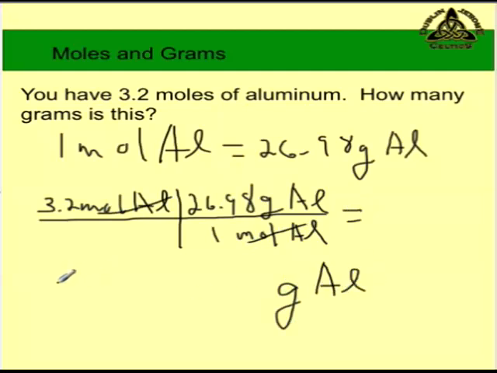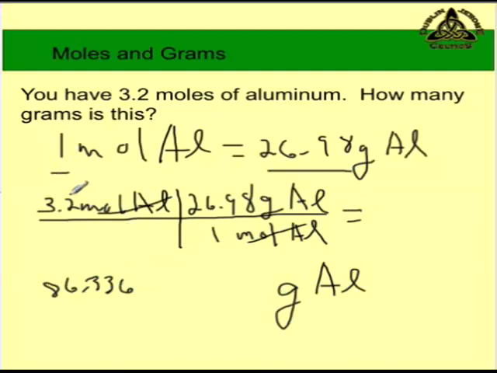Now when I do this on my calculator, I get 86.336. Now here's where significant figures comes into play. Remember we said that for our equivalence statements, these numbers will have an infinite number of sig figs. So for us, this number 1 has an infinite number of sig figs, as does 26.98.